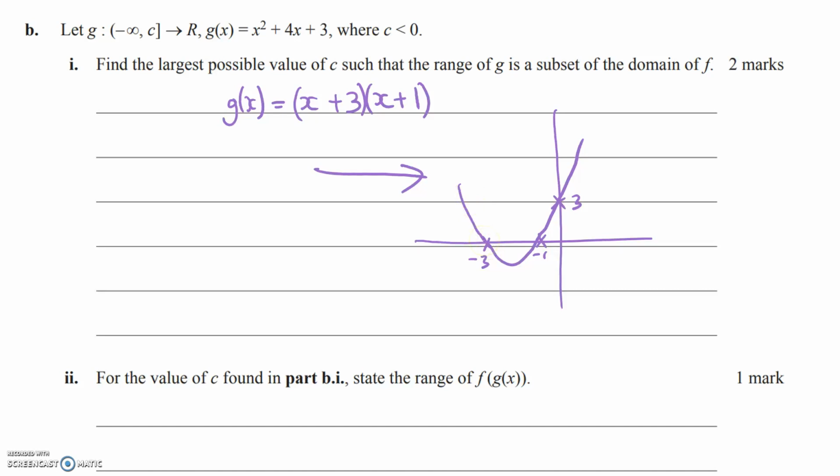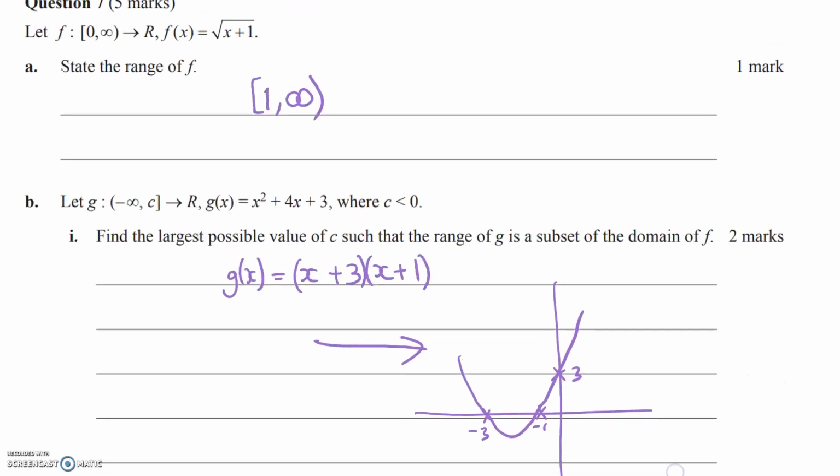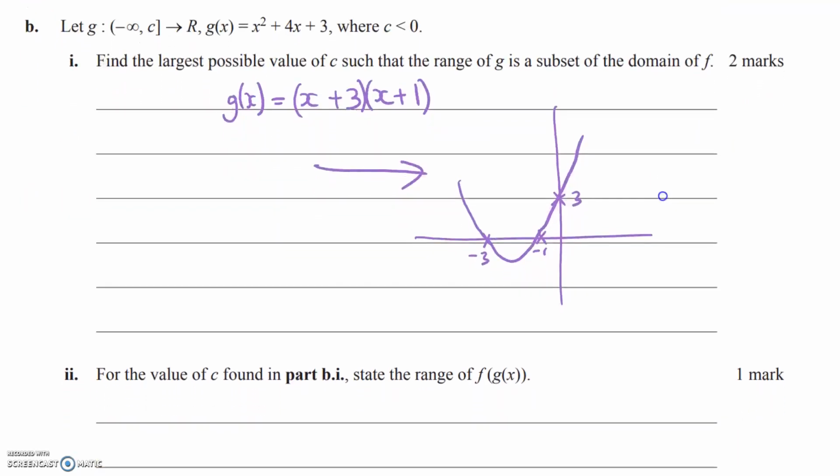And I can hit that point because I'm still technically within the domain of f, because the domain of f did allow me to hit 0, but I can't go any further than that. So the largest that I can go is from this negative infinity all the way up to this -3 here.